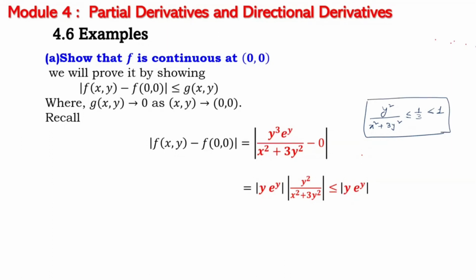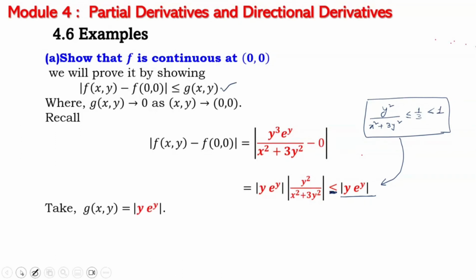Then from that we get that this is less than or equal to |y e^y|. In fact, it is not less than or equal, it is strictly less than |y e^y|. So we take this as the function g(x,y) to fulfill the requirement.